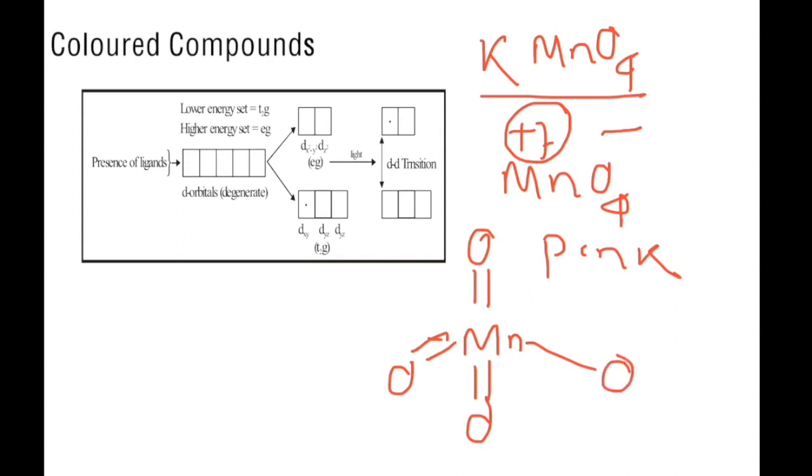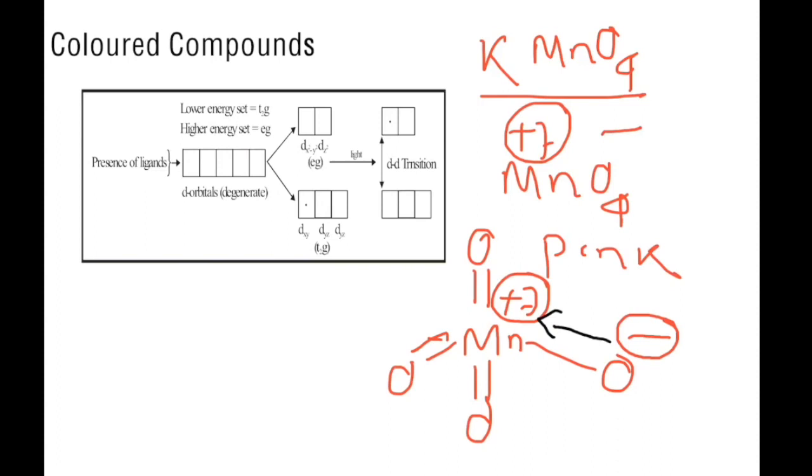Look here. The manganese has +7 state, a deficiency of electrons. The negative charge of O minus is attracted by and shifted to the Mn +7 state.